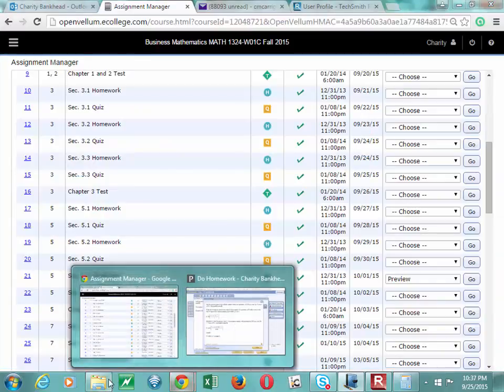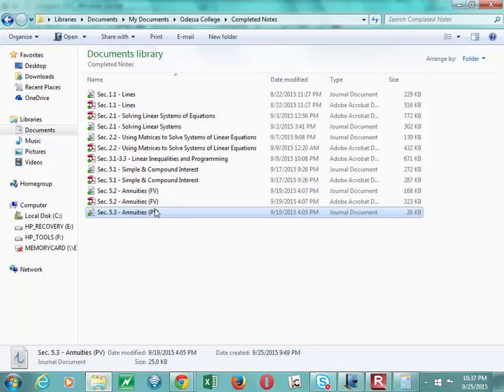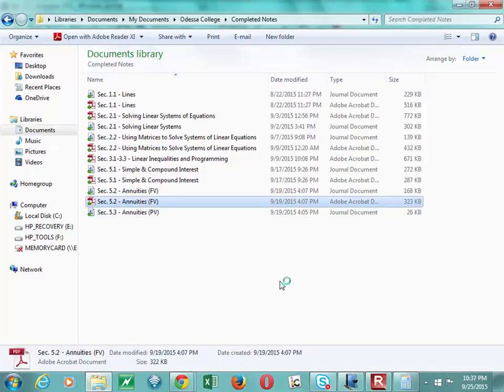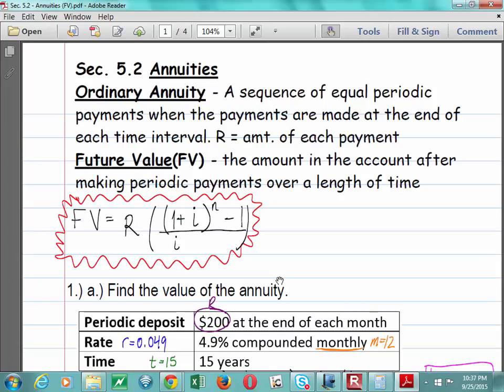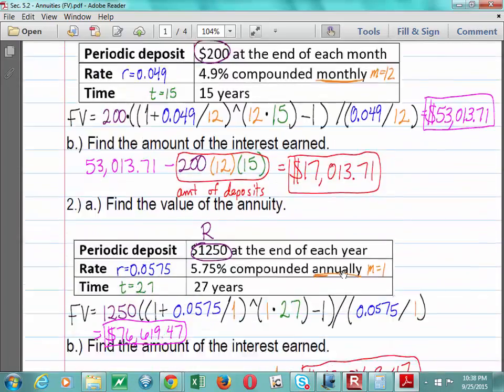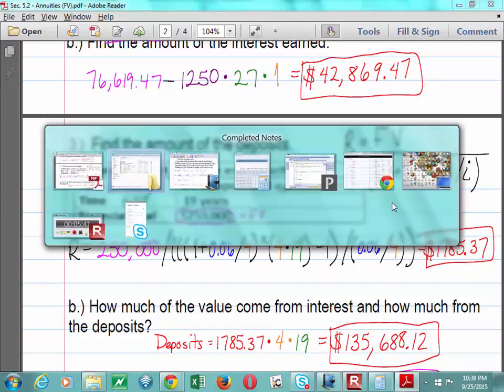All right, so let's remind ourselves of the formula from 5.2. There it is. All right, we're going to be solving for R. So basically like this formula over here. All right, so we'll take the future.